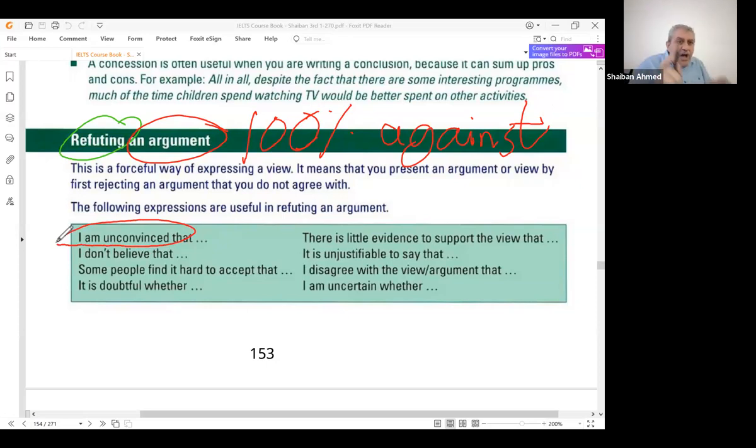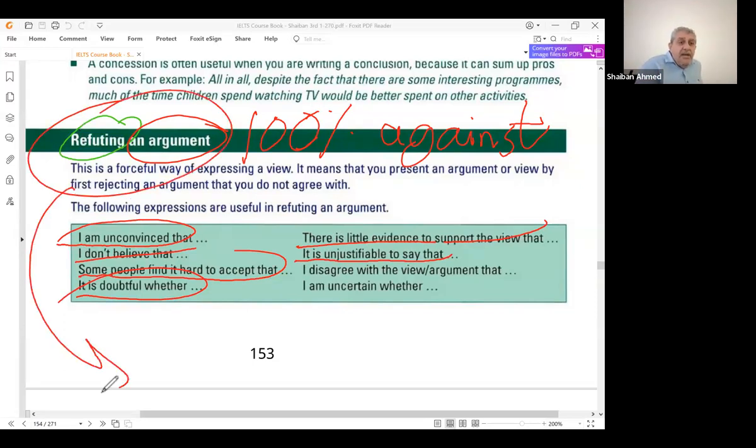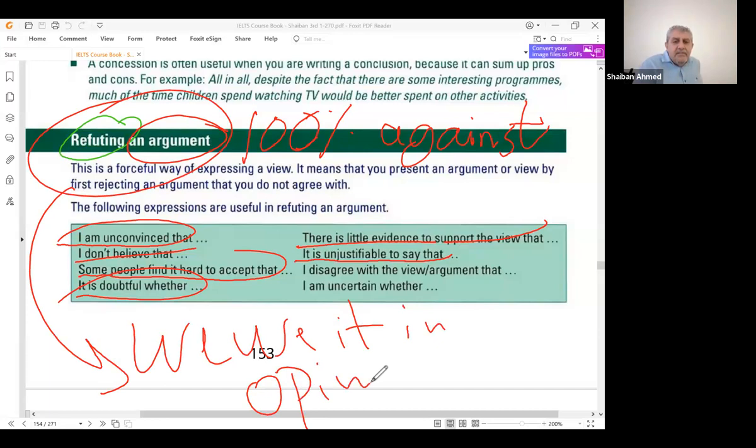No. Here, strong. I don't believe that. Some people find it hard to accept that. It is doubtful whether. There is little evidence to support the view that. It is unjustifiable to say that children of age 15 can have a driving license. So here, I am against. Okay, here, refuting, yes, we use it in opinion essays.